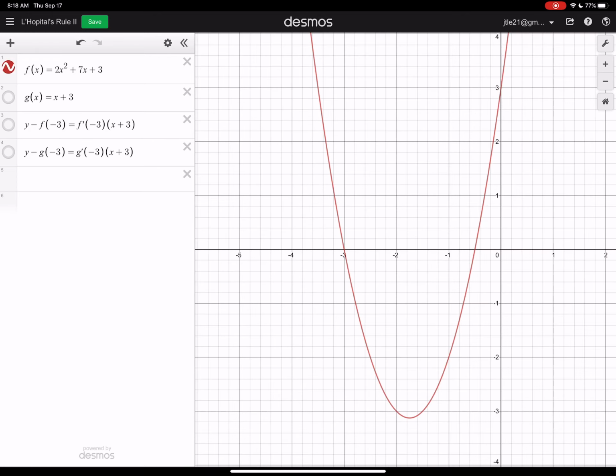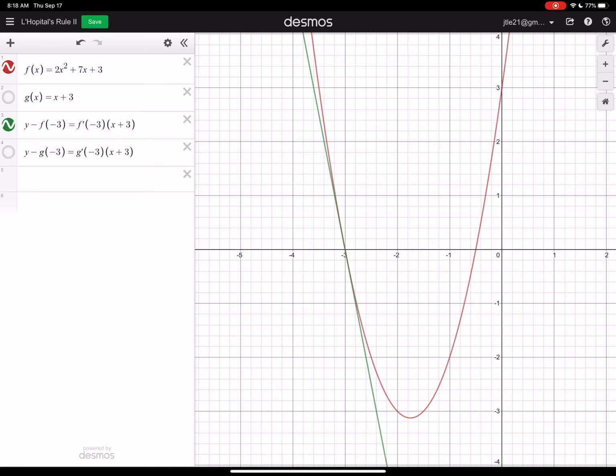So he thought, well, you know what? Let me come up with a tangent line. You guys will see right here in green. Okay, that is the tangent line, right? The derivative of f of x at -3. Okay, so, I mean, you don't have to worry about how I wrote on the left over here. But here's what he noticed.